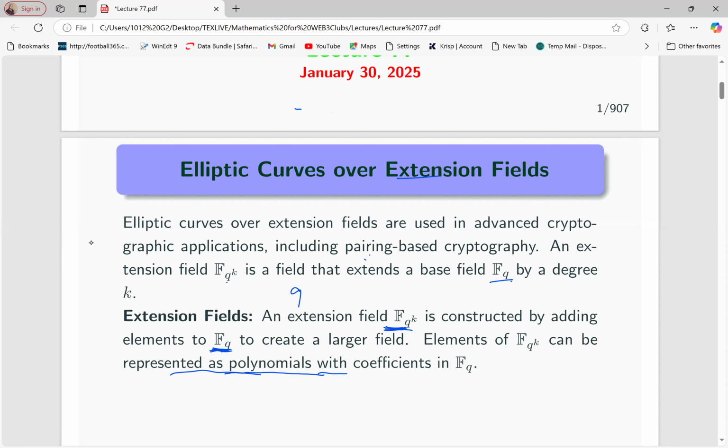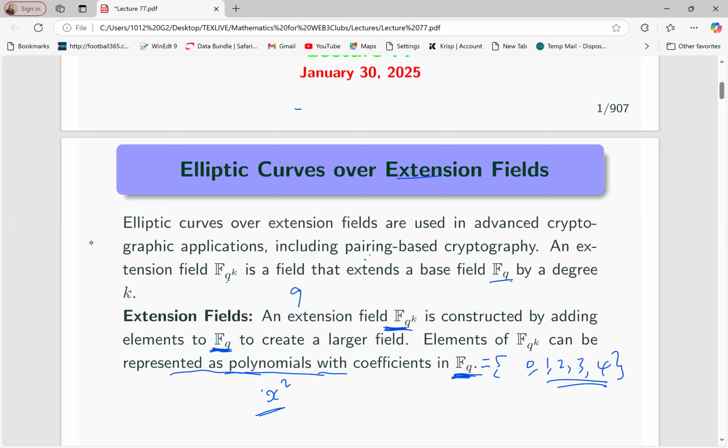The coefficients of those polynomials would be members of the original field. What I mean by coefficient is that if I have x squared, the coefficient is the number before x. So if the original field was mod 5, we have 0, 1, 2, 3, 4, and any of these numbers could be a coefficient of x.